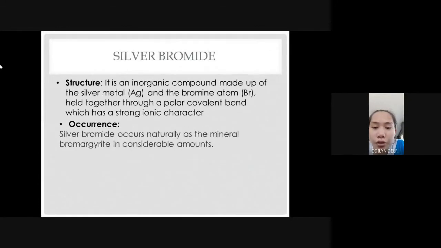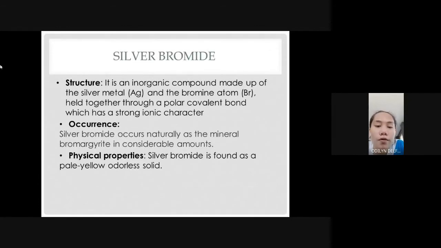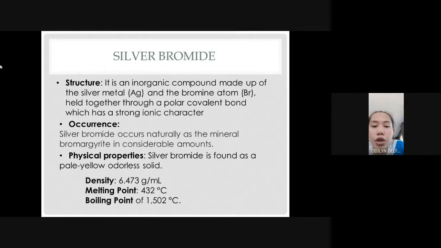Next po. Structure: it is an inorganic compound made up of silver metal Ag and the bromine atom Br held together through a polar covalent bond which has a strong ionic character.